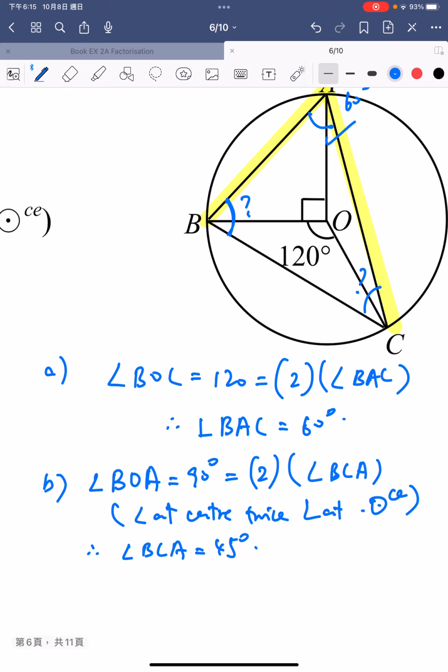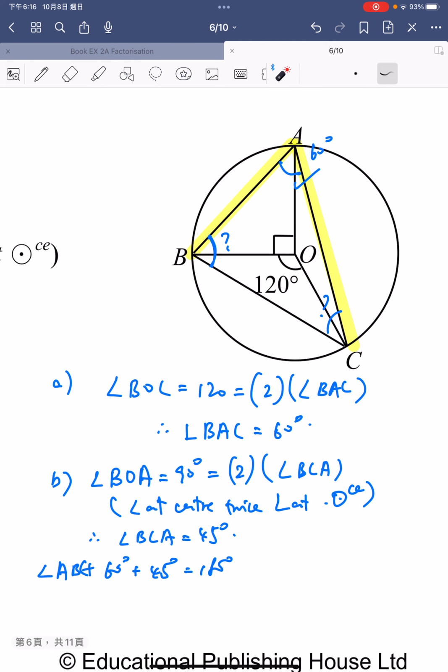Then we can say that the angle ABC plus 60 degrees plus 45 degrees is equal to 180 degrees. So again, if you look here, we have our angle ABC, what we want in part B, and we have angle BAC, which is 60, and angle BCA, which is 45.